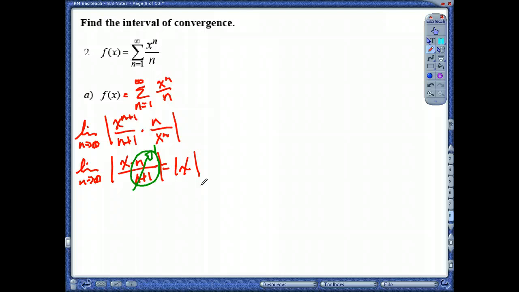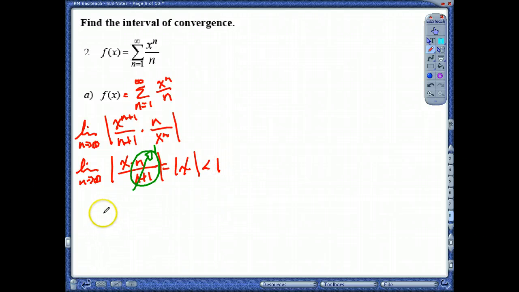So that limit is going to be convergent when my limit is less than 1. So if my limit equals the absolute value of x, that means I'm looking at where the absolute value of x is less than 1.